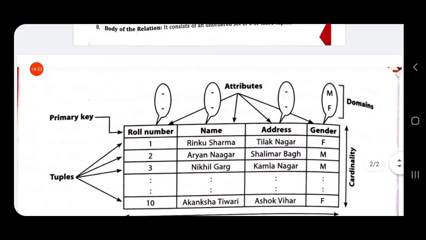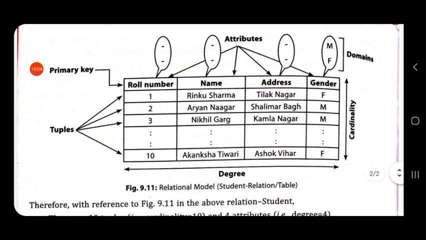Let us see this table. This is the relation. The name of the table is the relation, and the entity. Here the table name is given as student, so student is the entity.